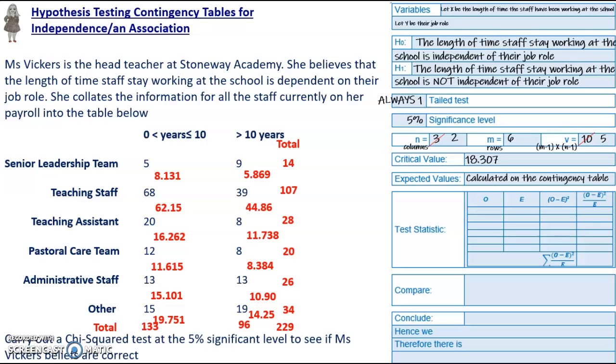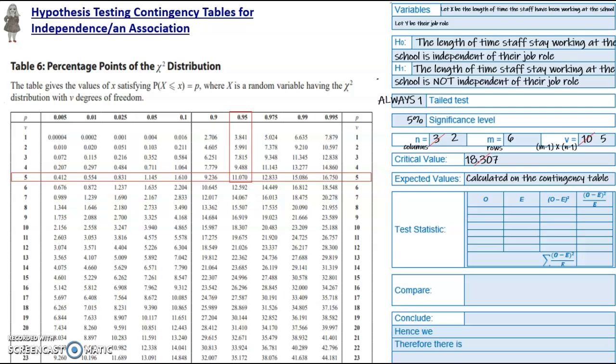So my degrees of freedom have been reduced massively, and this is why it's important we combine the correct rows or columns, because the smaller we make our degrees of freedom, the smaller we make our critical value, and the more likely we are to make errors in our conclusion. So in this particular format, I have reduced my degrees of freedom from 10 to 5, and therefore my critical value, just looking at the table, has gone down from 18.307 to 11.070.